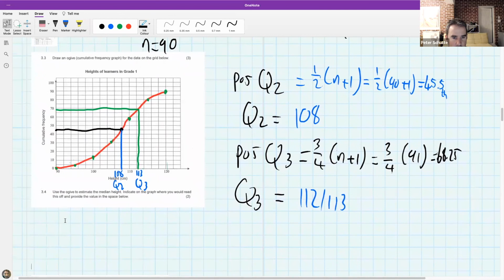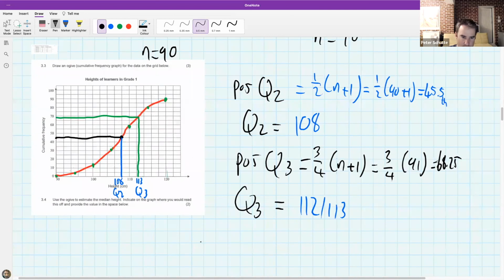You're going to start by working out the position of Q1, and then you'll get me an estimated value for Q1. Off you go. You're doing very nicely.